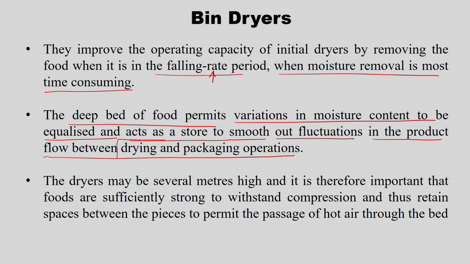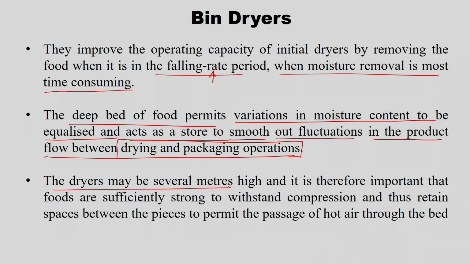So if there is any variation in the moisture content, it will be taken care of in the bin dryer, because it acts as an intermediate storage as well as drying equipment between the drying and packaging operations.